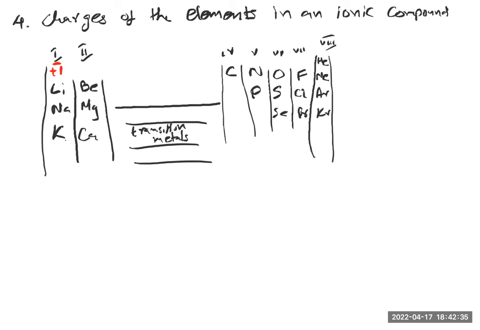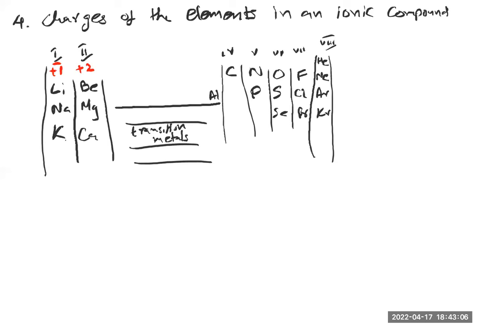When you go to group 2, they have 2 valence electrons now. Therefore, they have to remove 2 valence electrons to become like a noble gas. Therefore, they're going to form +2. And then we have things like, which I did not mention actually, aluminum, and gallium and so forth.